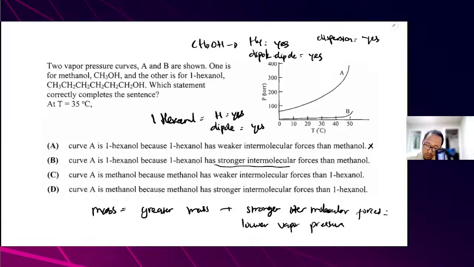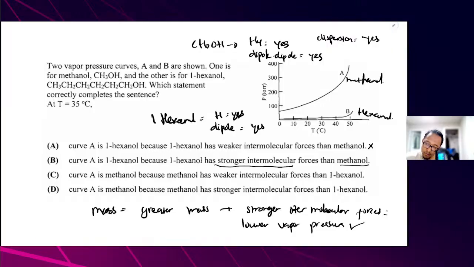Yes, hexanol is stronger than methanol. Let's see the curve. As you can see, when we increase it, the pressure is still less than 100. However, with the hypothesis of lower vapor pressure, B would be hexanol, I believe, and then A will be methanol.